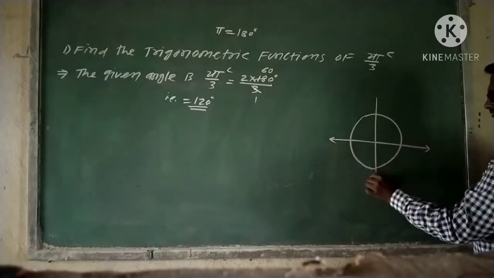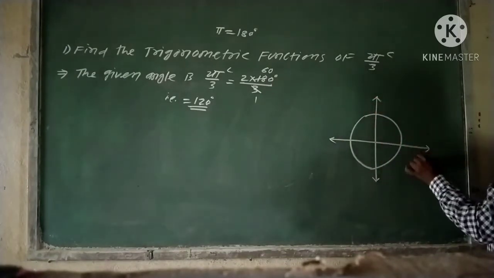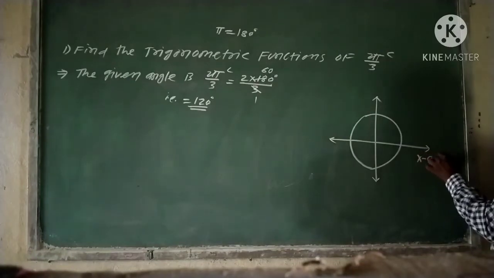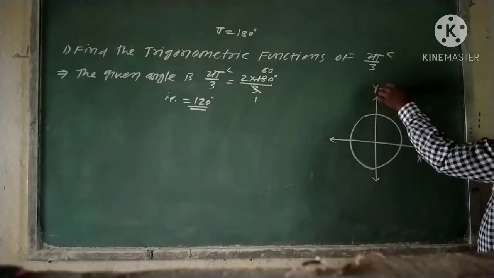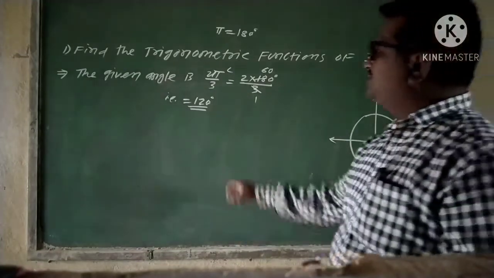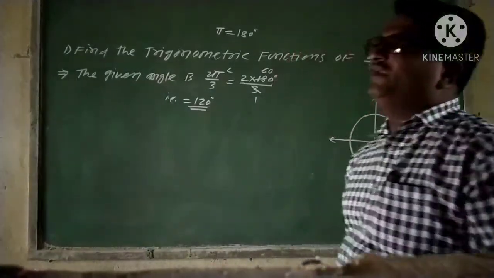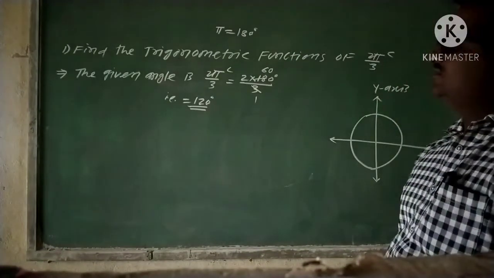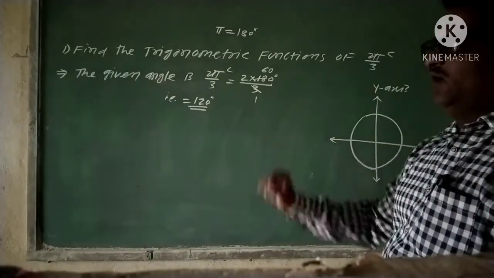Now here, this axis is the x-axis and this is the y-axis. The measure of the angle is 120 degrees, which means the angle lies in the second quadrant.